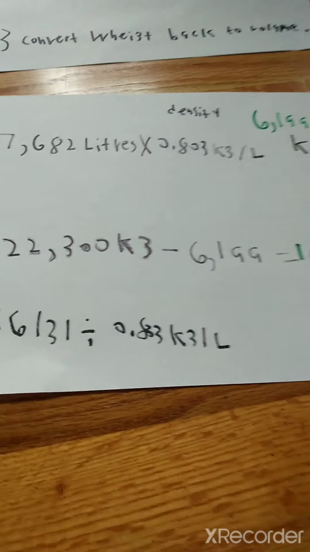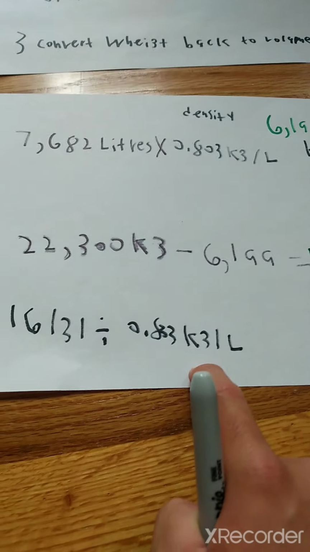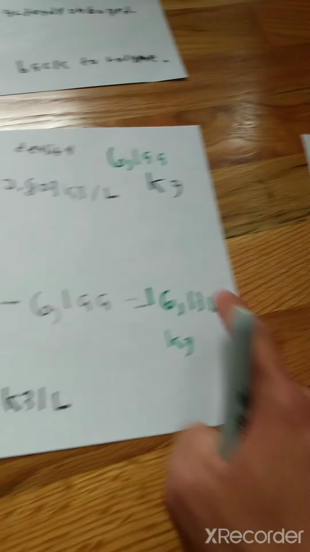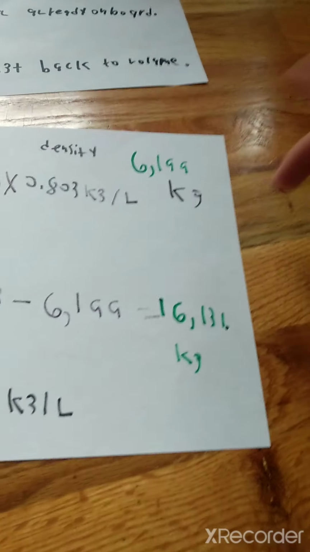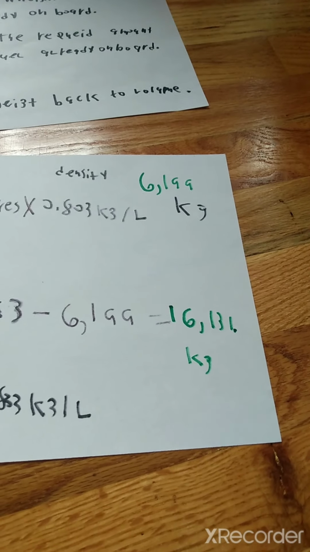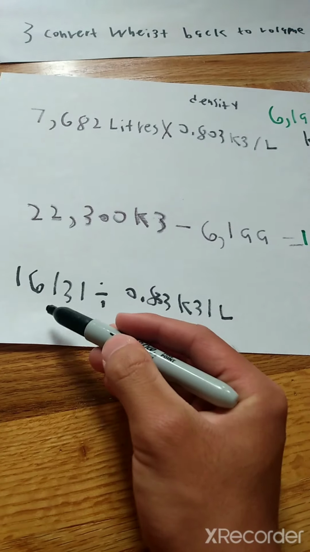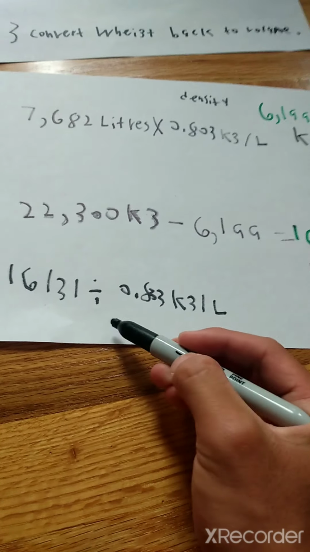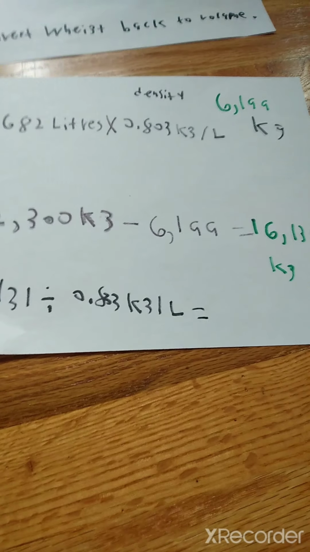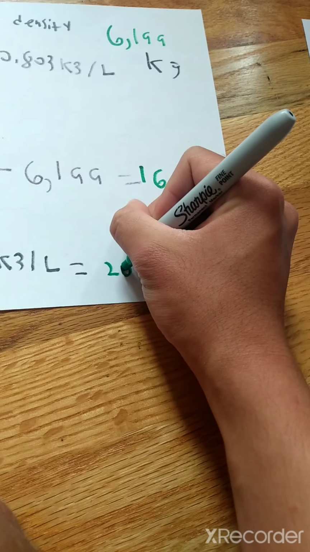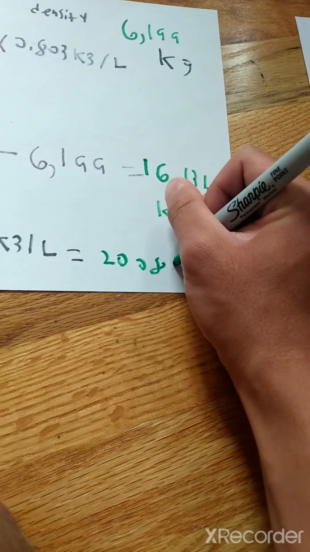When you're fueling up an airplane, the density is going to be your converter to get from one measurement to another measurement. When you have two of the same measurements, that'll be really easy to add, multiply, subtract, or divide. So this number divided by our conversion, we're going to get an answer of 20,088 liters of fuel.